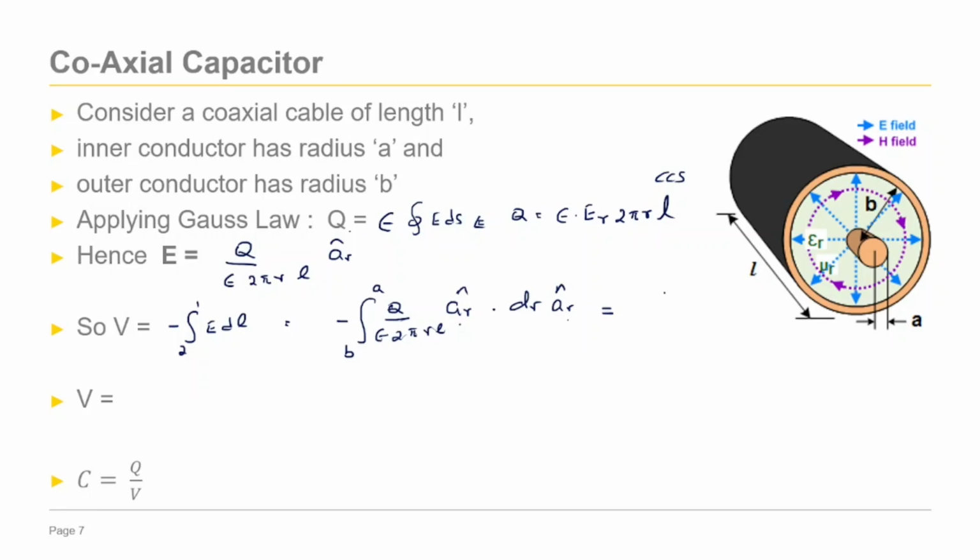Because we just have a dr to integrate over here, we get something like Q by epsilon 2 pi L times the integral from b to a of dr by r.